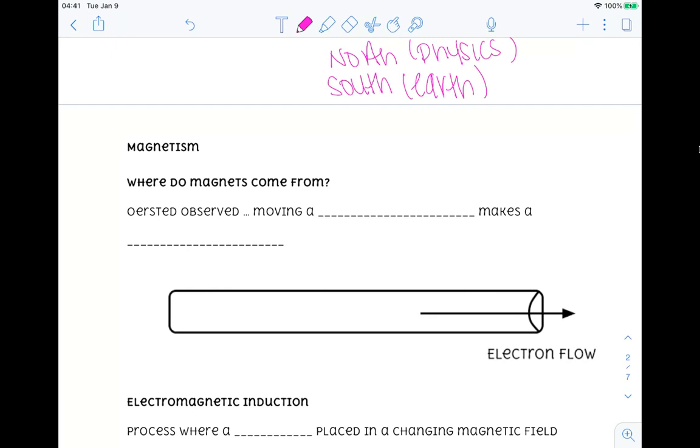So meaning a wire that is currently carrying a current or has a charge is able to come into contact with a magnetic field. And if you bring a compass over to it, you would actually see a changing magnetic field without actually having magnets.